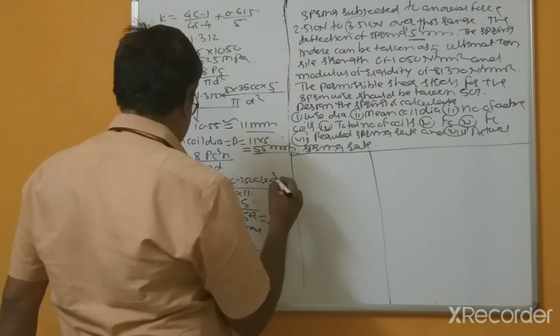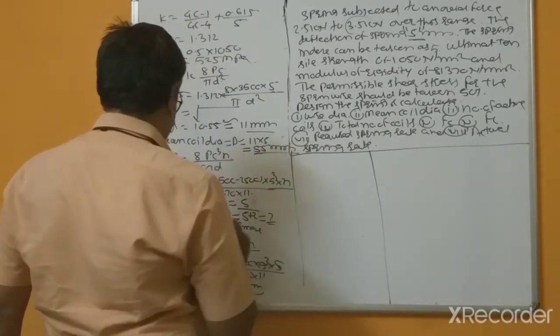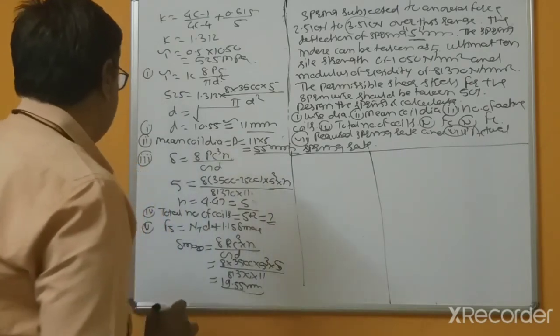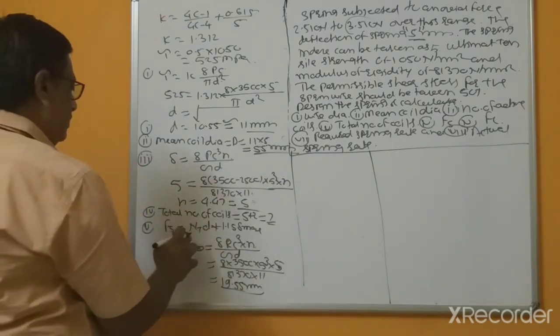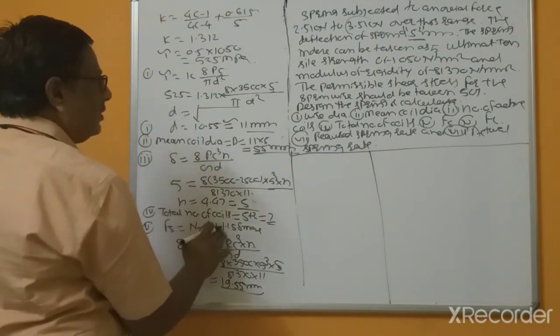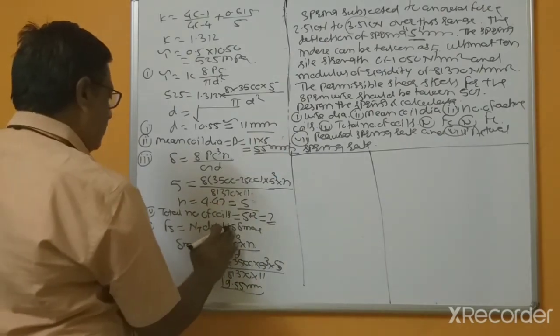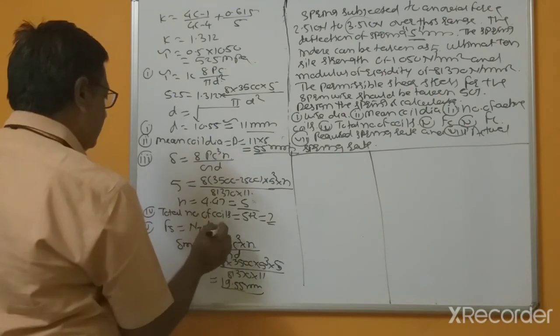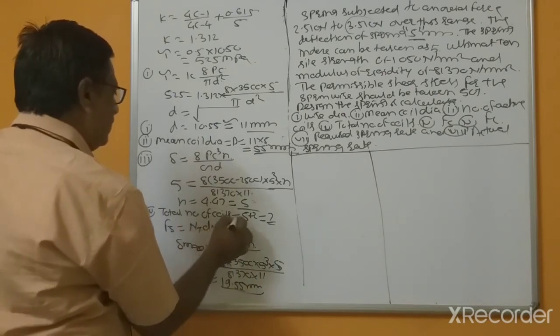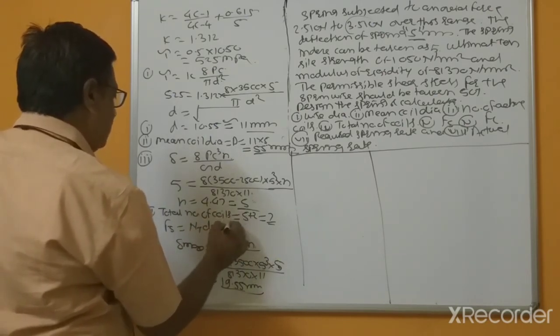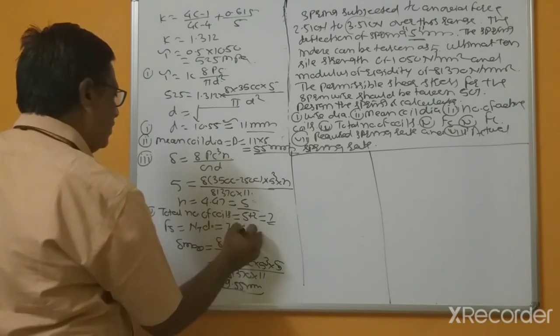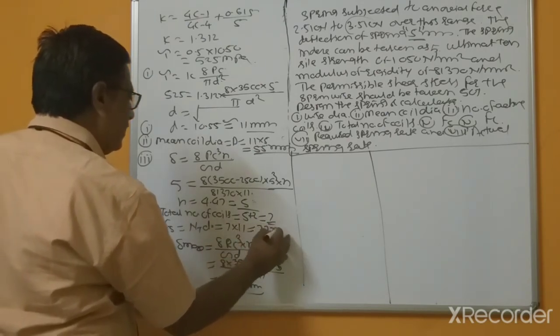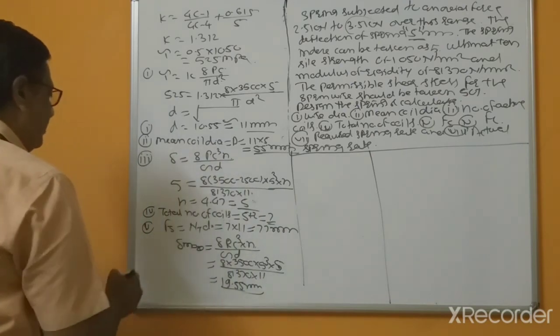Sorry, this is NT, this is only solid length. NT equal to 7 into 11. This is 77 mm.